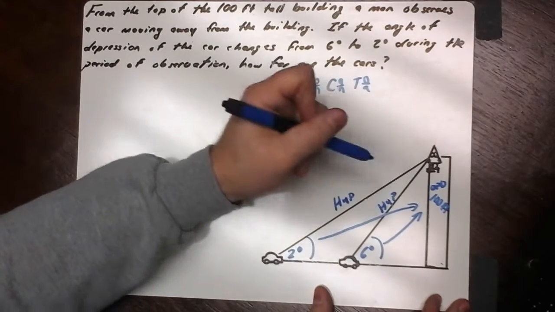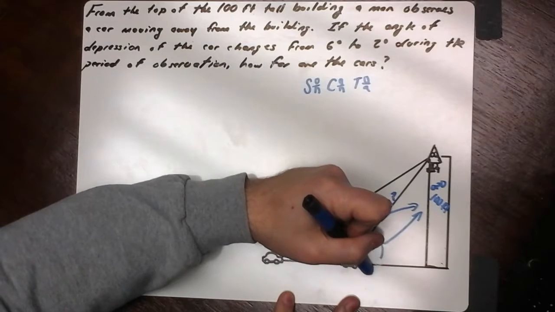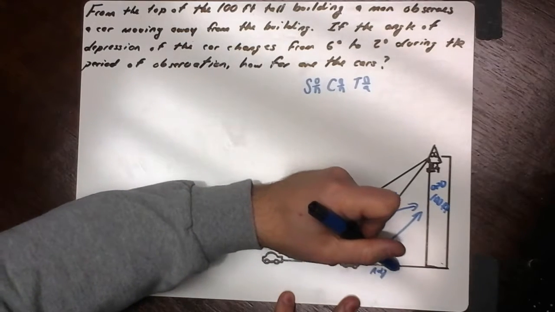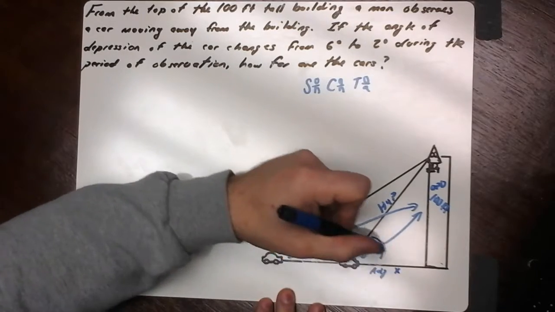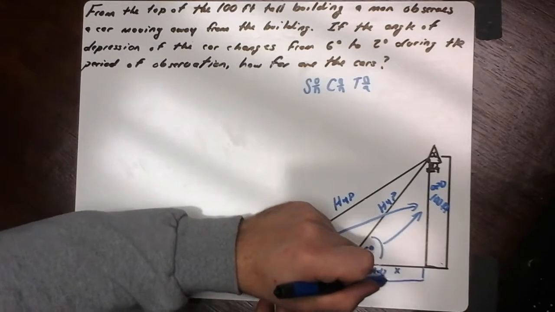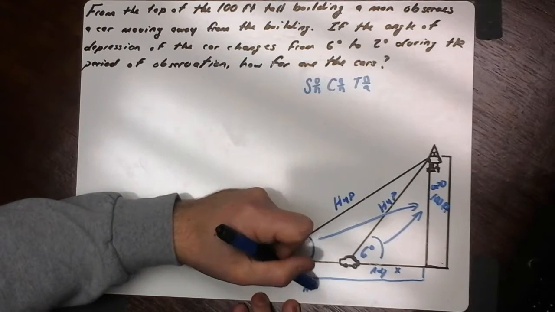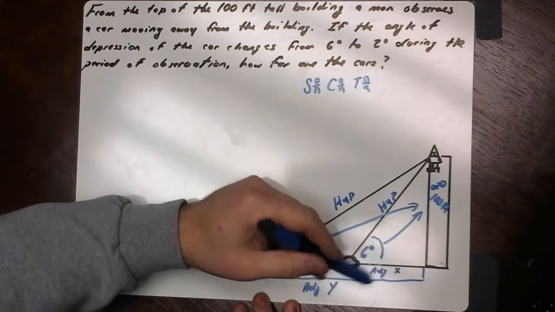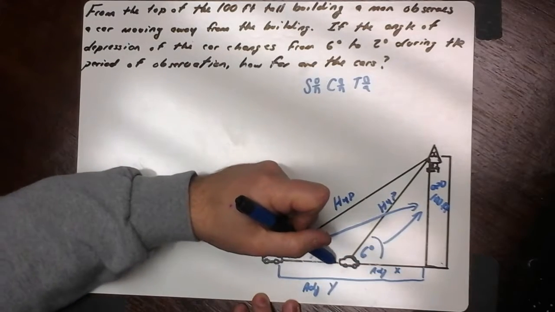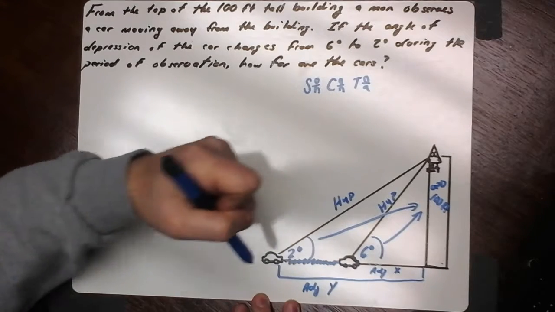Let's not get too caught up on how ugly this can get. But this is adjacent. I'm going to call that X. And then this is my other adjacent side. I'm going to call that Y. And I'm going to have to subtract these because in the end, I want this distance.